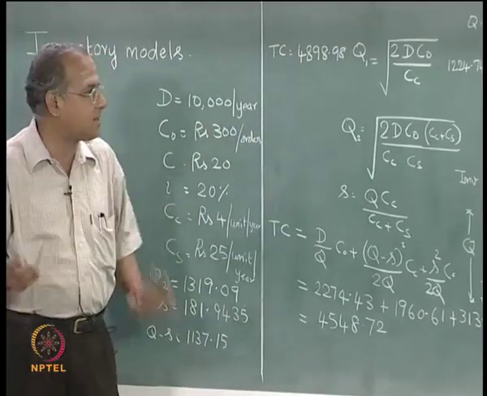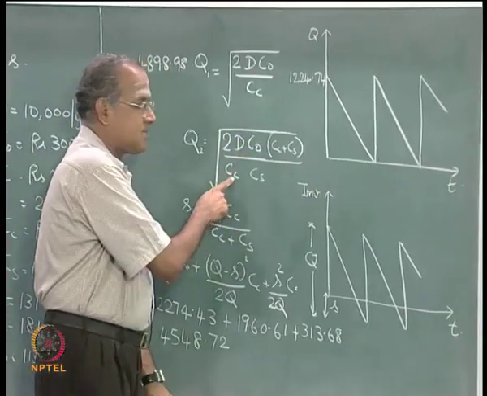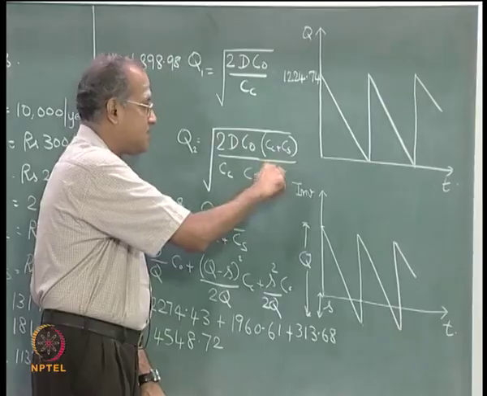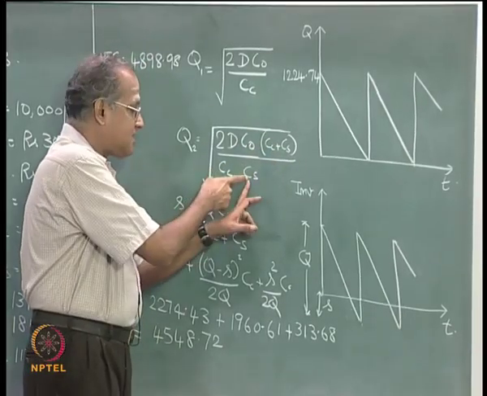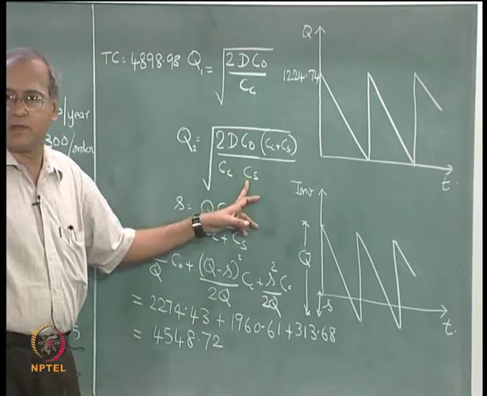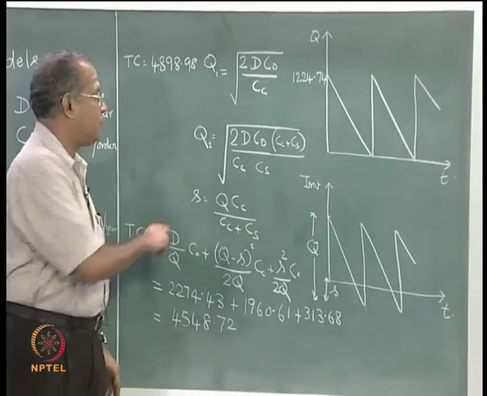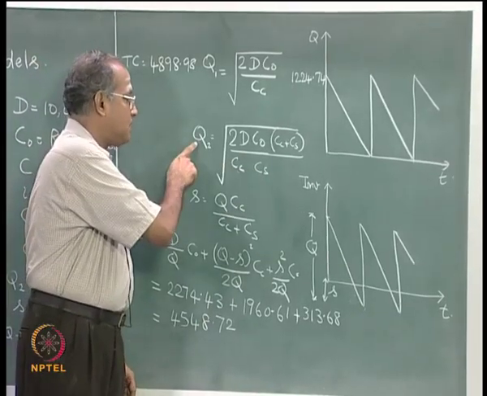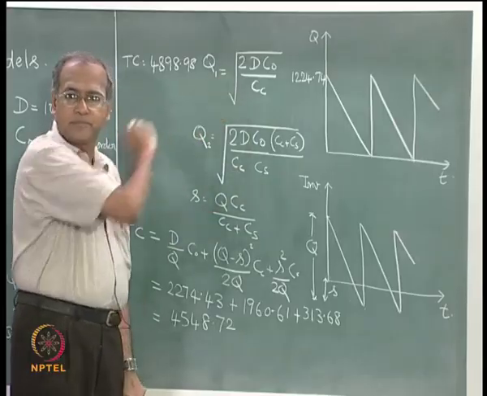That is also clear because we can rewrite this as 2D C0 by Cc into 1 plus Cc by Cs. So when Cs is infinity, Cc by Cs will become 0. So 1 plus Cc by Cs is 1, therefore when Cs is infinity, this will become 2D C0 by Cc, which is the same model.